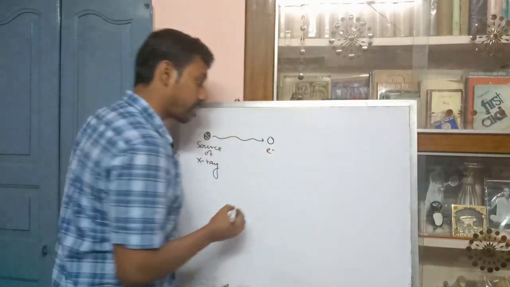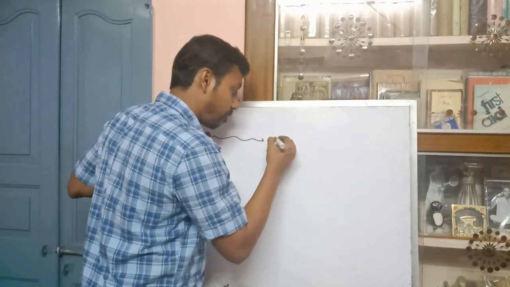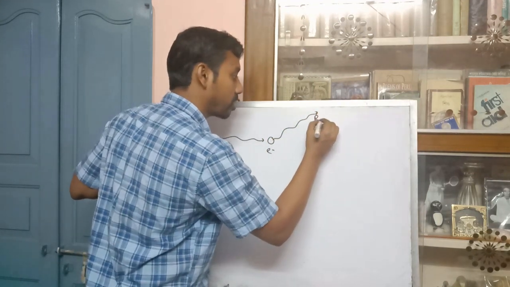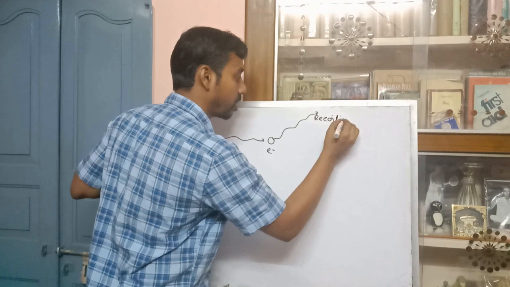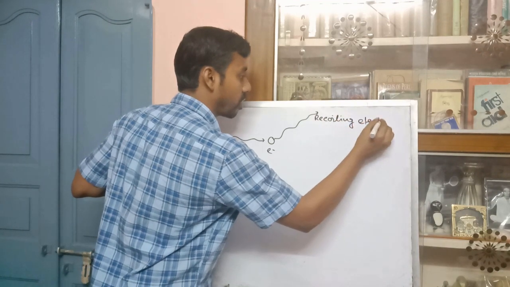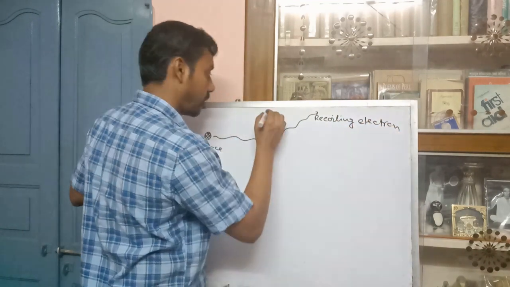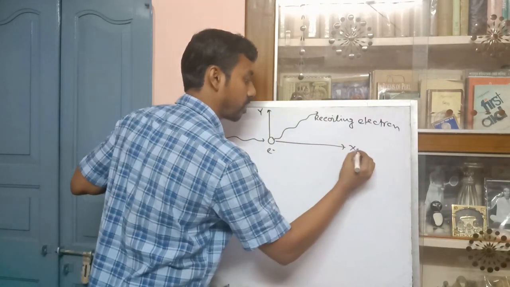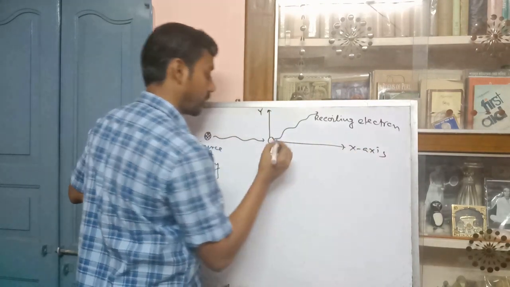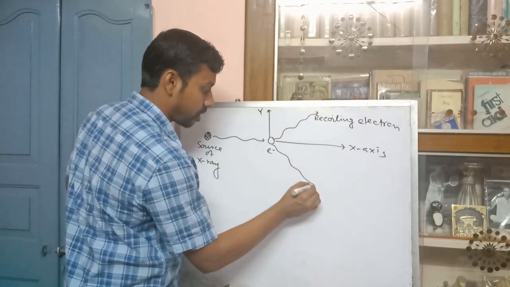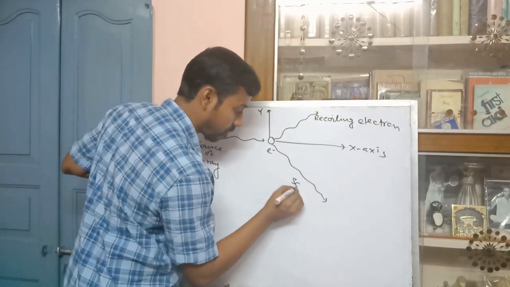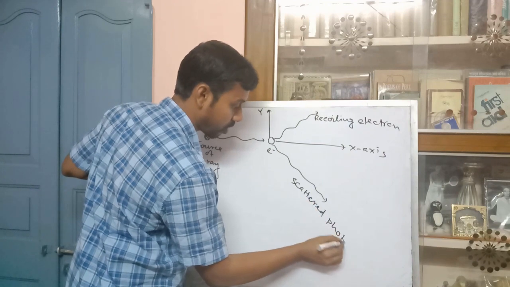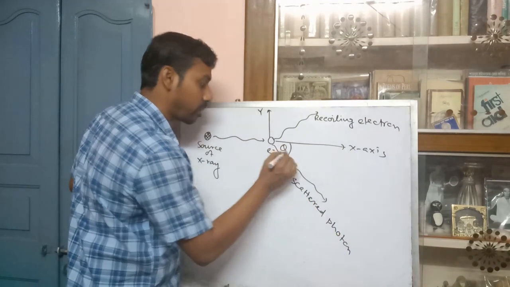Suppose the electron is at rest. After the X-ray falls on it, it is scattered. Suppose this is your recoiling electron, this is your y-axis, this is your x-axis, and this is your scattered photon, making an angle theta with the x-axis, and the electron making an angle phi with the x-axis.